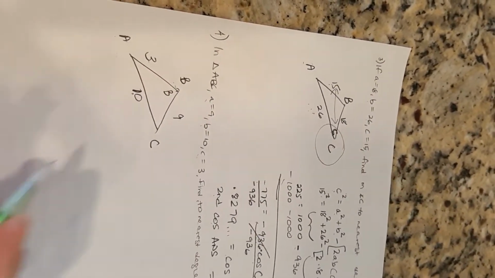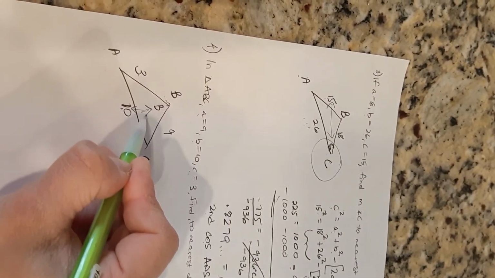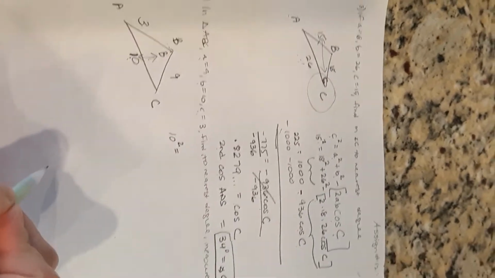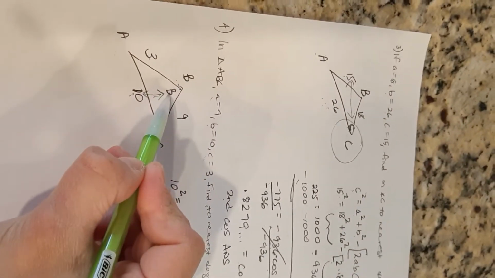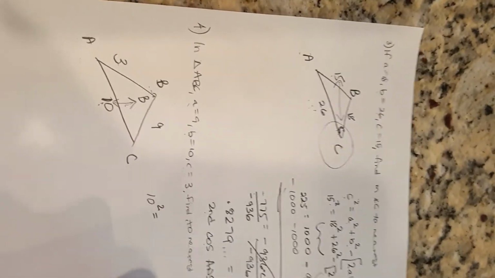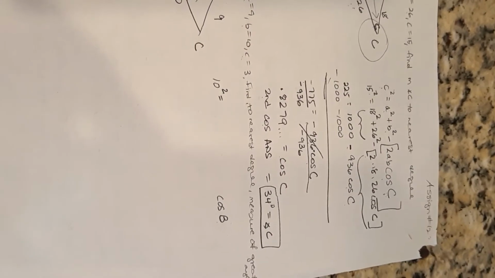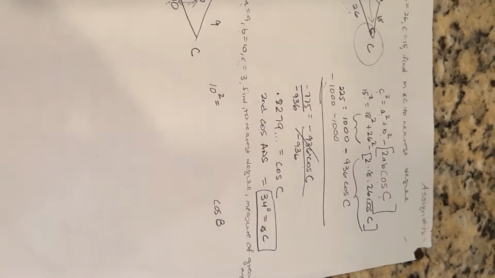All right. So these guys are across from each other, which means 10 is all by himself, which means angle B is on the other side of the picture. That means in my equation, angle B is literally on the other side of my equation. Remember, they mimic each other.